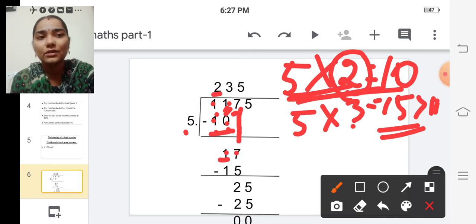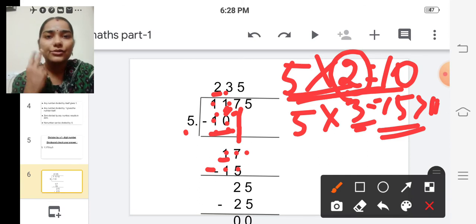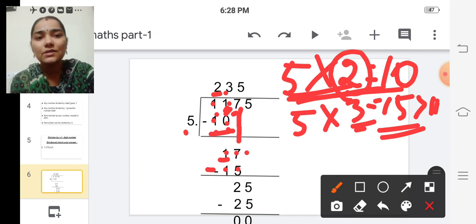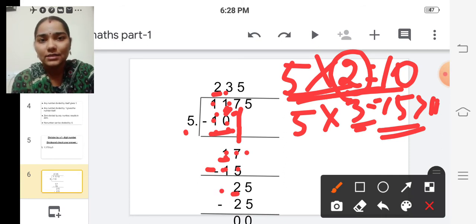So we have to put this 3 in the quotient. So here we are going to write 15. We are going to subtract 15 from 17. 7 minus 5 is 2. And 1 minus 1 is 0, so no need to write.